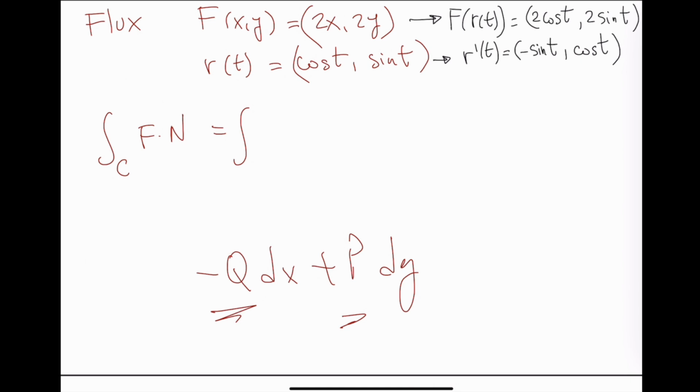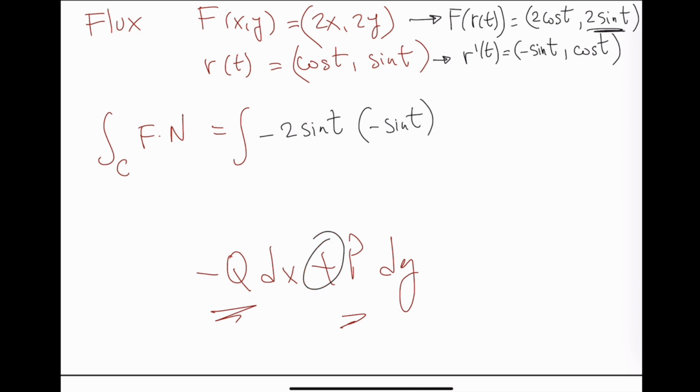Okay, so we have the two vectors that we are going to need, but we are going to arrange them in this way to calculate the flux. So we are going to start by minus q, which means the second component of the vector field negative. So that will be minus 2 sine t. And then this is going to be multiplied by the first component of the derivative, which is minus sine t.